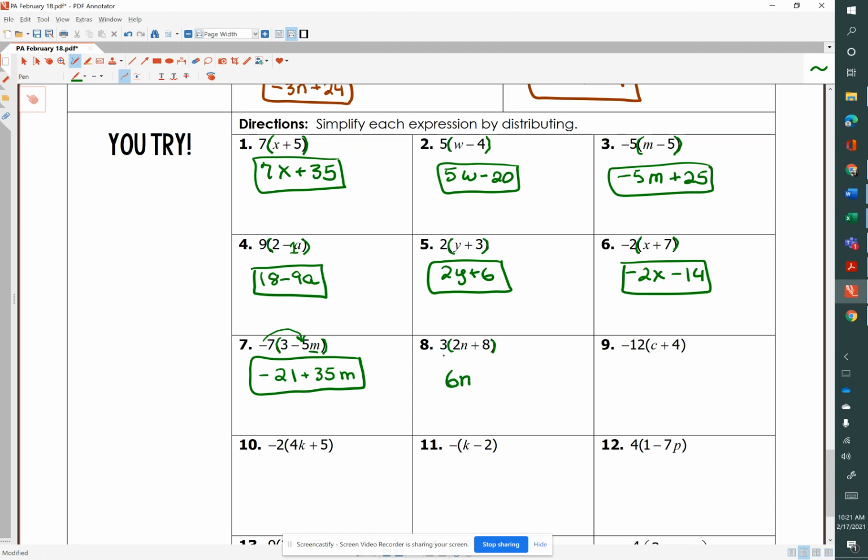And positive 3 times positive 8 is positive 24. Now we have negative 12 times the quantity of c plus 4, so negative 12 times c is negative 12c. Negative 12 times positive 4 is a negative, I almost wrote positive, that's a negative 48.